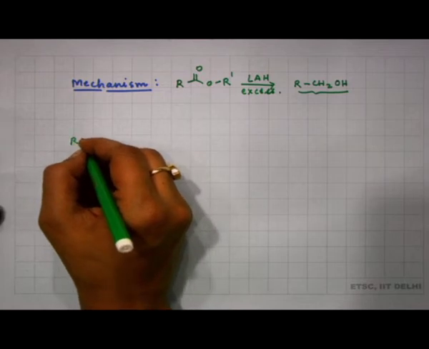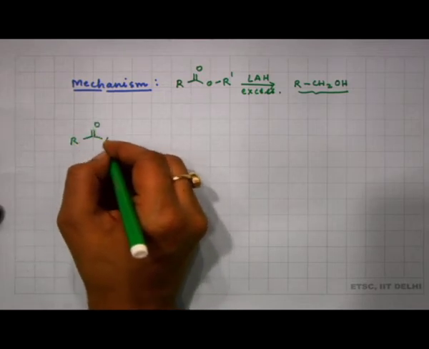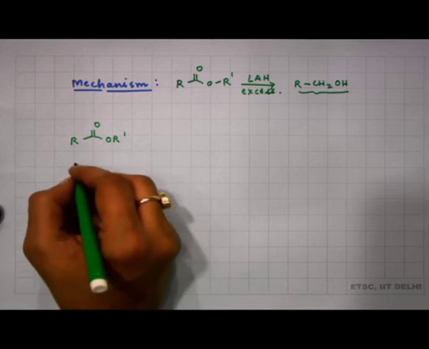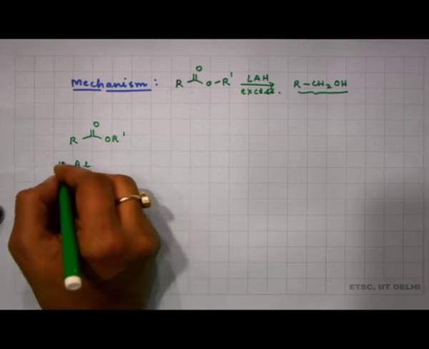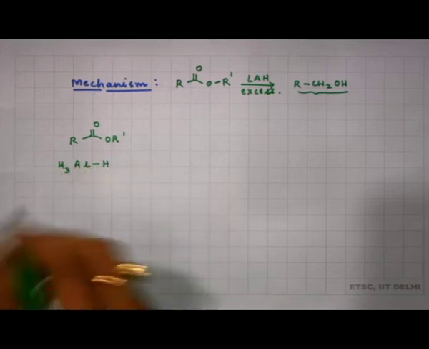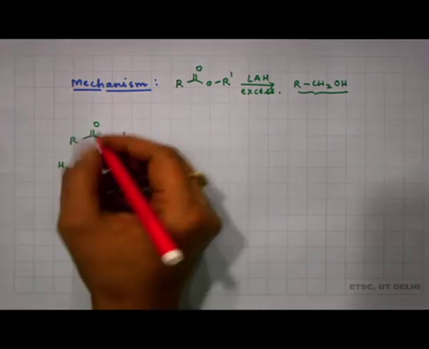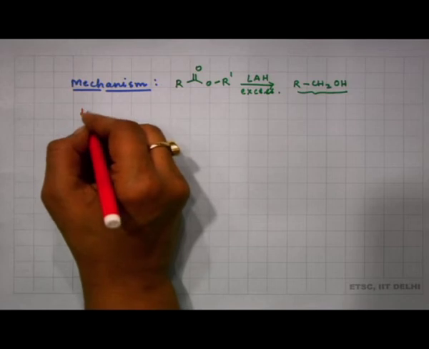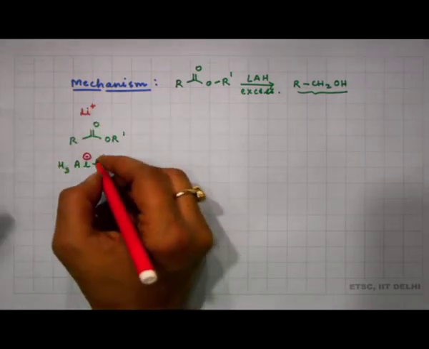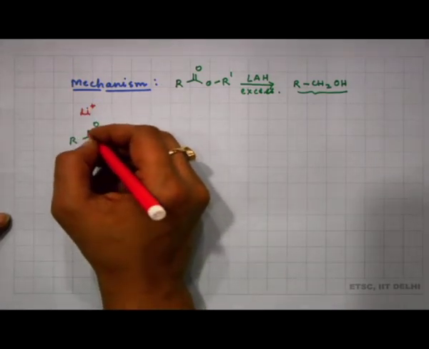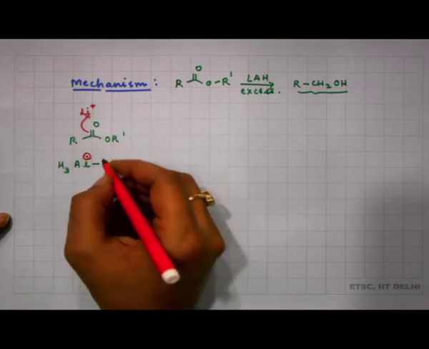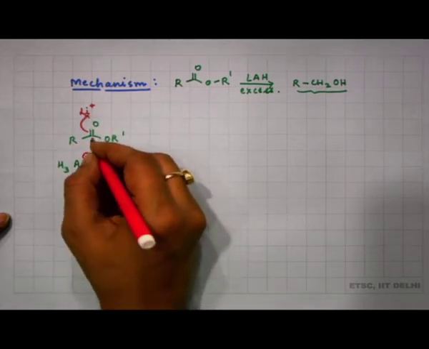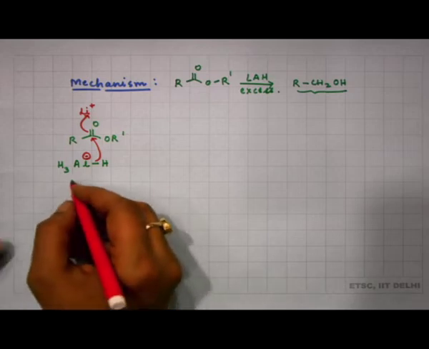So, you start with the ester, you add lithium aluminium hydride. The first step could be the activation of this carbonyl and the transfer of the hydride of the lithium aluminium hydride onto the carbonyl.